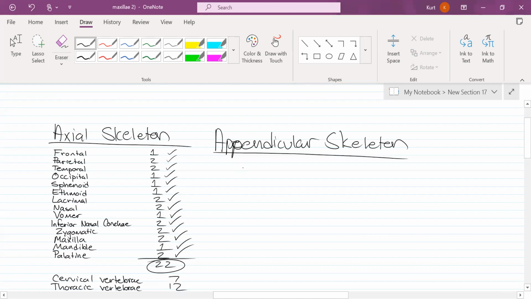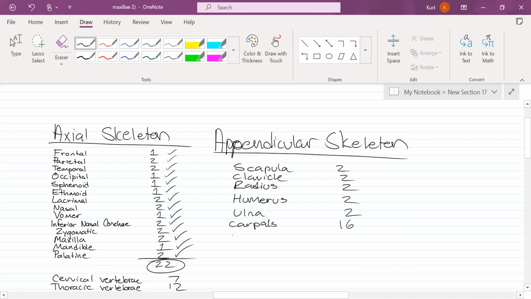All right, we have scapula, how many? 2. We have clavicle, how many? 2. We have radius, how many? Oh, I skipped one, didn't I? Humerus, how many? Ulna, how many? Carpals, 16, 8 in each wrist.